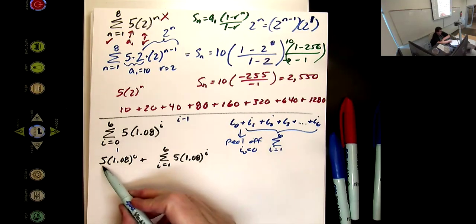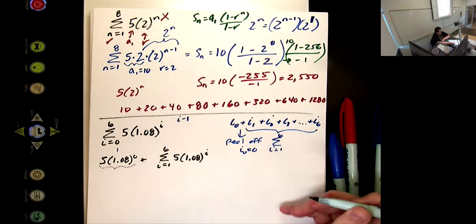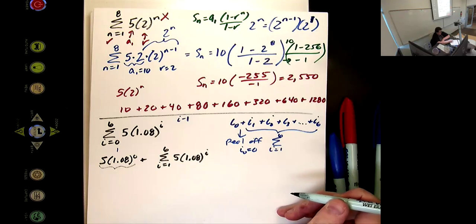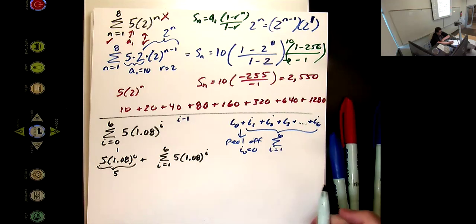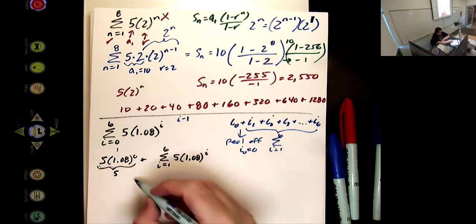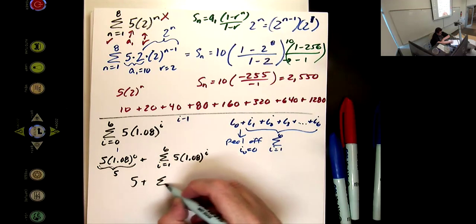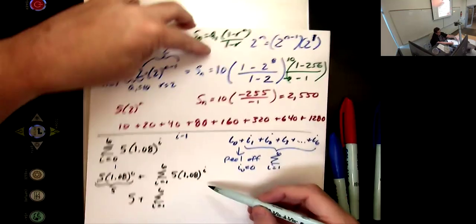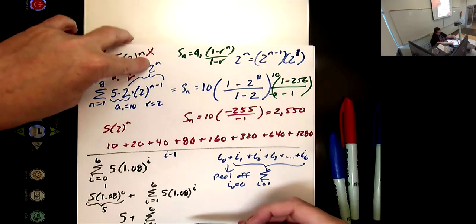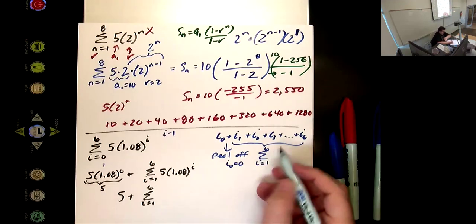What does this equal? Oh, no, it's just 5. Anything to the 0 power is 1. So that one's not too bad. So now we're here, and we're going to do what we did up here. When it was off by 1, we peeled 1 off.